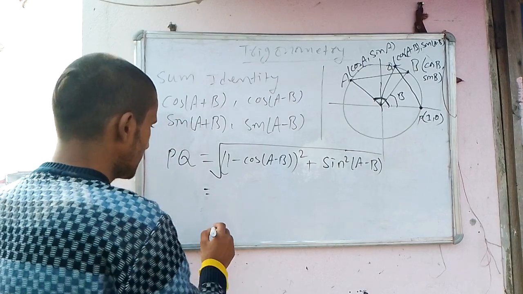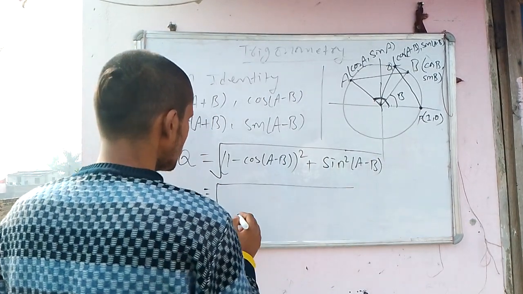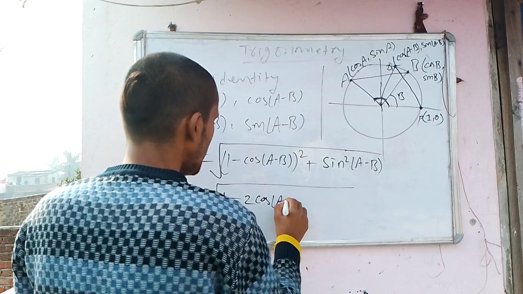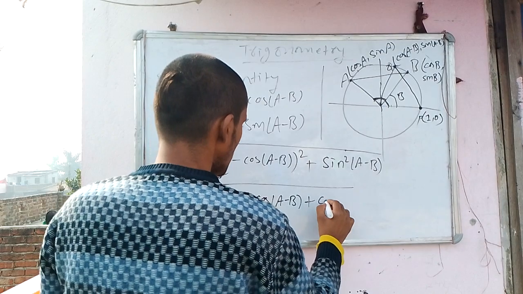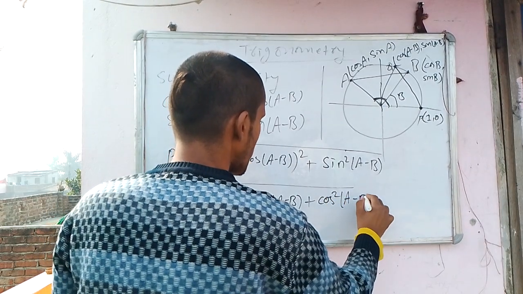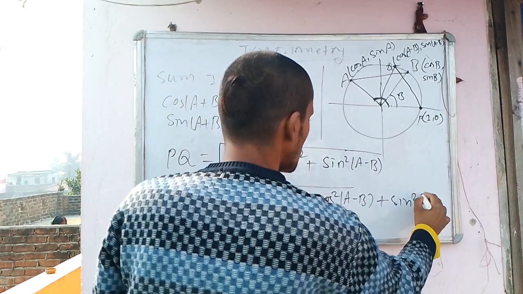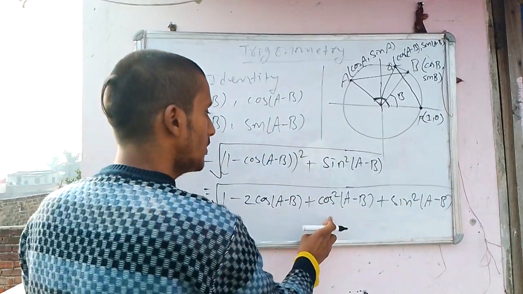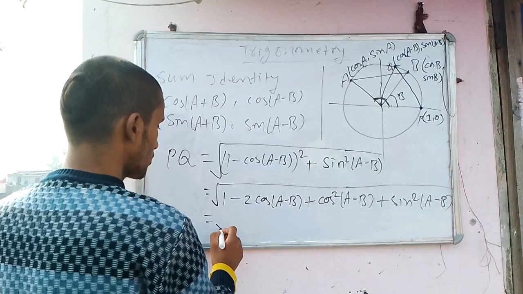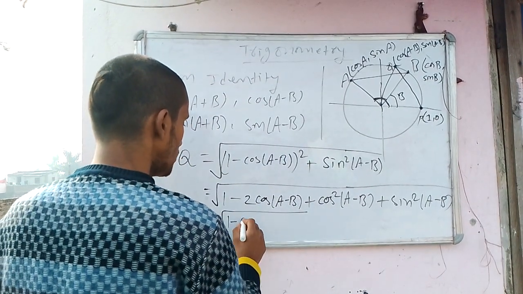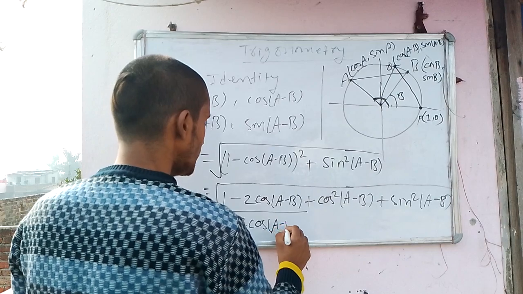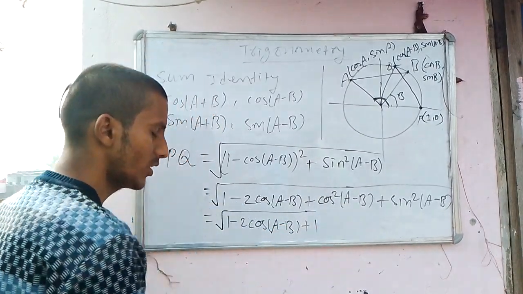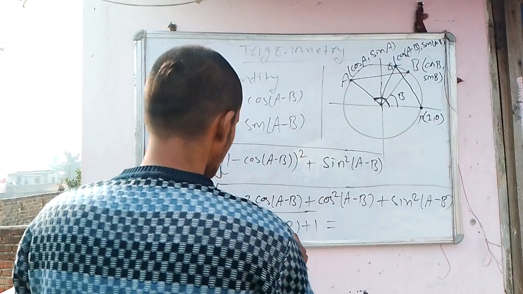So this is going to be the square root of 1 minus 2 cosine a minus b plus cosine squared a minus b plus sine squared a minus b. And we know that this will be 1, so we can write this as 1 minus 2 cosine a minus b plus 1, and 1 and 1 add up to 2.